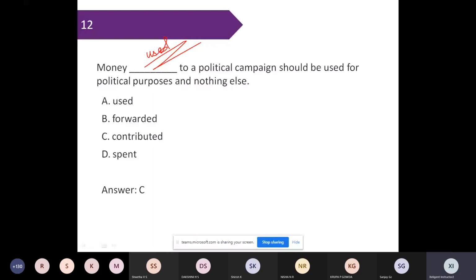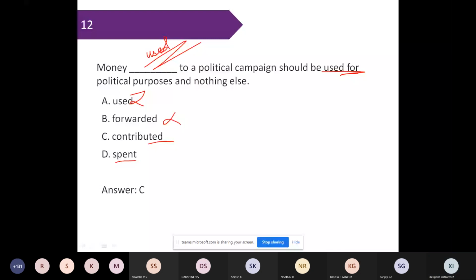That's why we can eliminate option A. And forwarded, it's not logically correct, so eliminate option B. Contributed or to give is the correct answer. Spent also will not come, because once money is spent, how can we use the same money? There is no money left. So that's logically unfit. Option C is the correct answer.